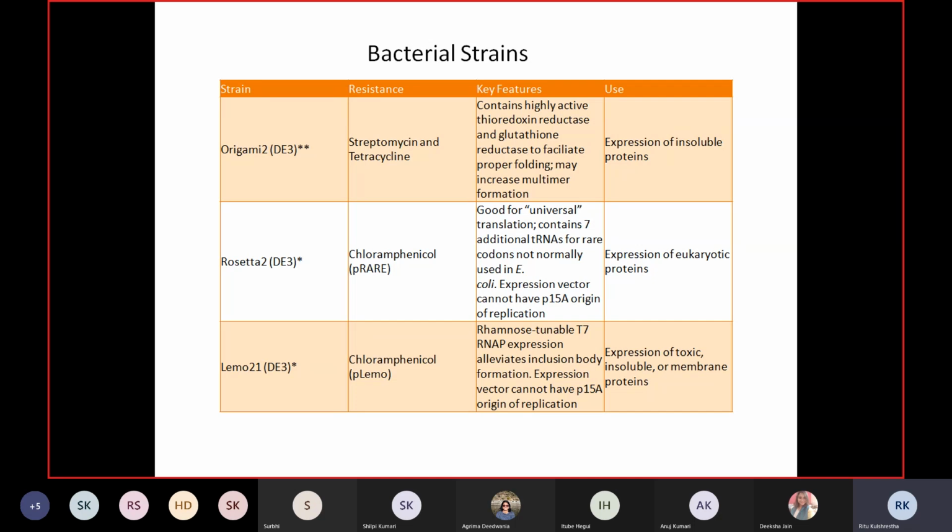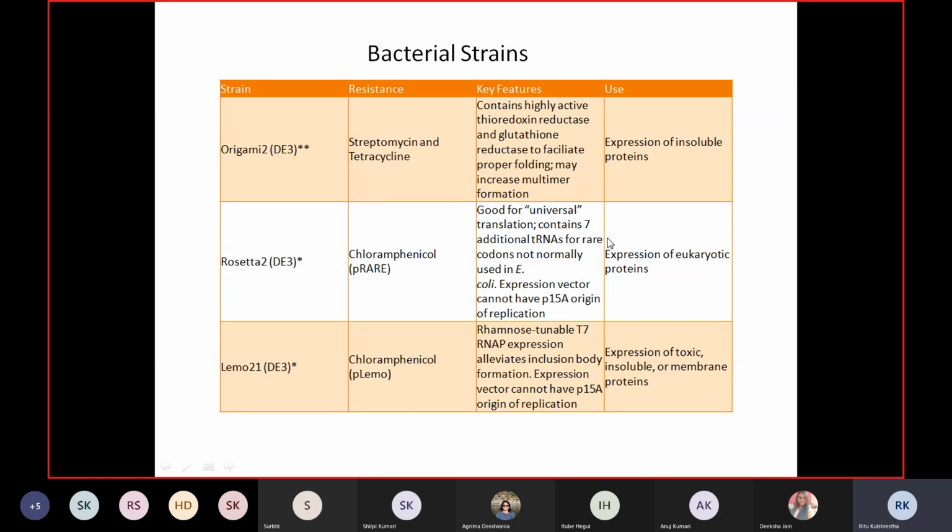I'll revisit codon bias when I tell you about expression vectors, but for your information, it is a general fact that different organisms have different bias towards certain codons which give rise to a particular amino acid. So the organism which has a particular codon bias might be deficient in the tRNAs which recognize the other codons for a particular amino acid.